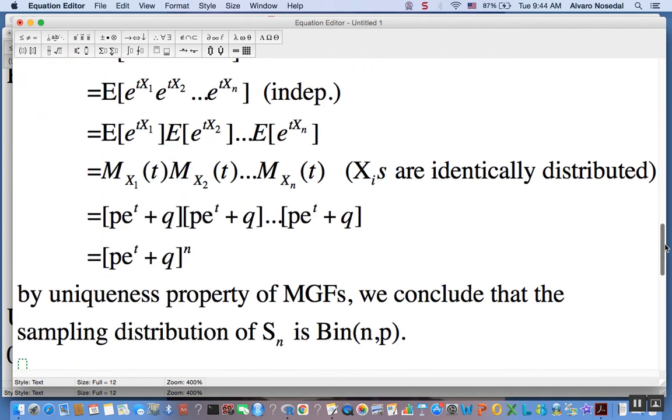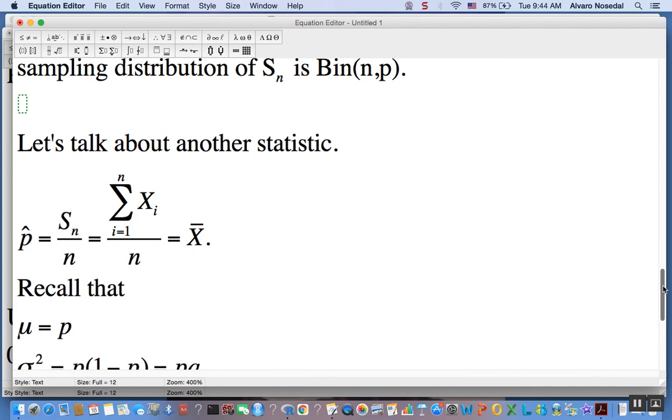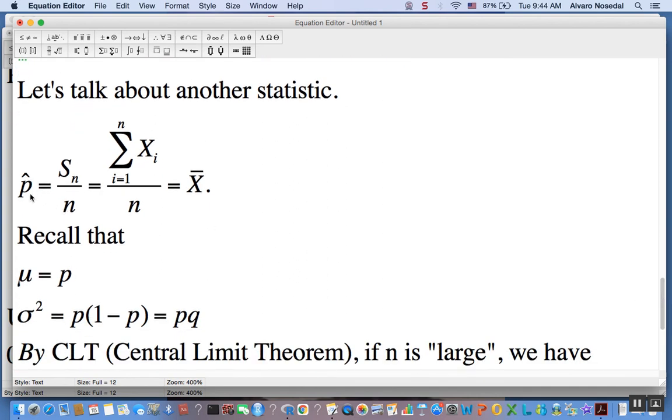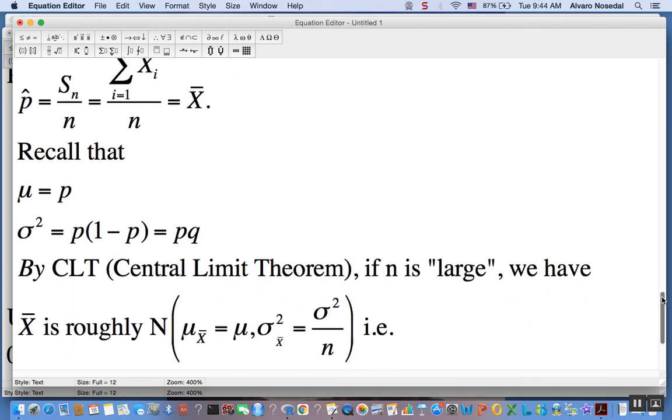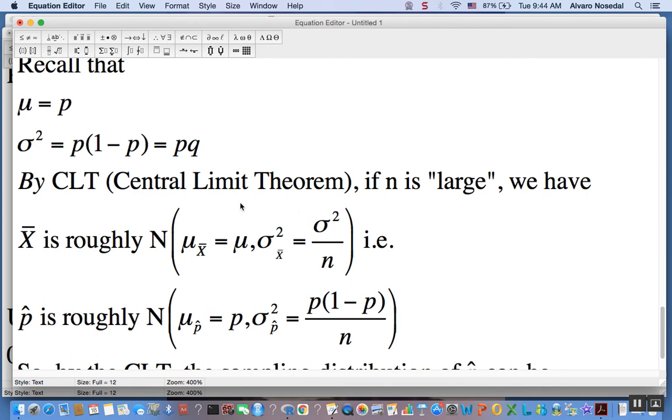Okay. Then we talked about another statistic, p hat, the sample proportion, and in that case we couldn't get the exact sampling distribution of p hat, but we were able to approximate it using a normal distribution, using the central limit theorem.